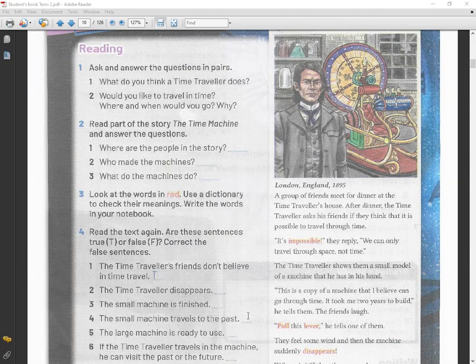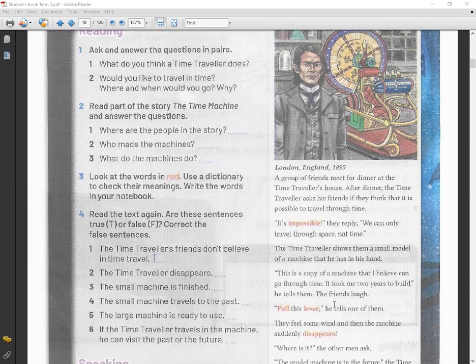The time traveler shows them a small model of a machine that he has in his hand. This is a copy of a machine that I believe can go through time. It took me 2 years to build, he tells them. The friends laugh. Pull this lever, he tells one of them.